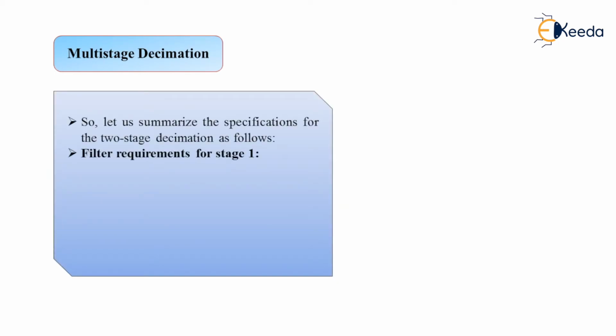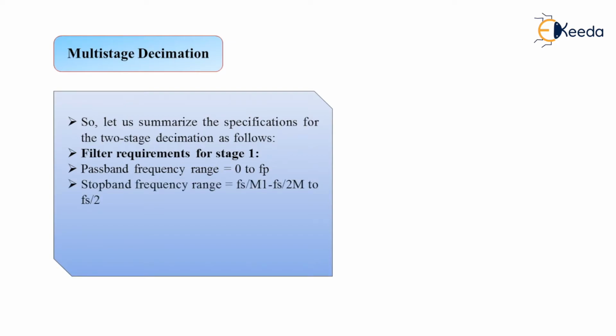So the first parameter is the passband frequency range. In summarization we have the passband frequency range from 0 to fp here, whereas the stop band frequency range is fs divided by m1 to fs divided by twice m, that is fs divided by 2 here.